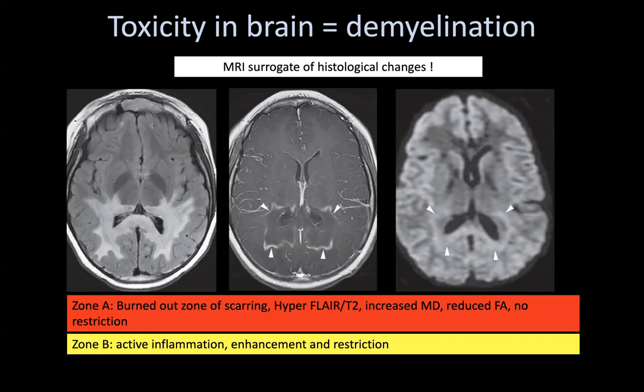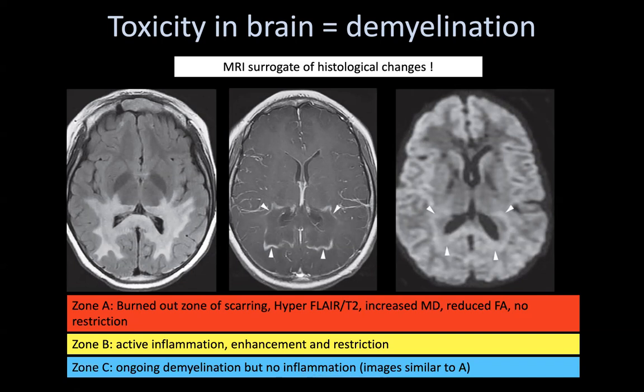And then the third area of demyelination, but no inflammation, so no enhancement. It's very important. The grading of the cerebral involvement is based on a very old paper by Professor Loes. It's called the Loes score for ALD. But remember the importance of the contrast.